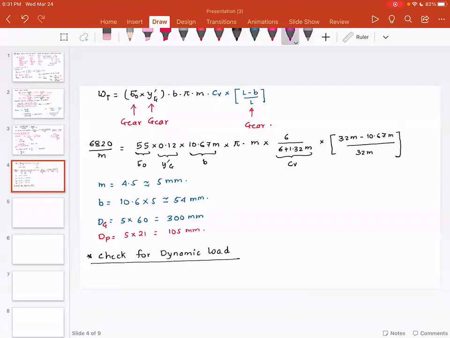To check for dynamic load, we need the pitch line velocity V, which is 1.32 times m. So that is 6.6 meters per second.